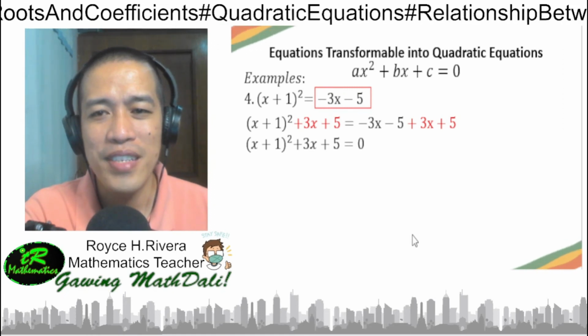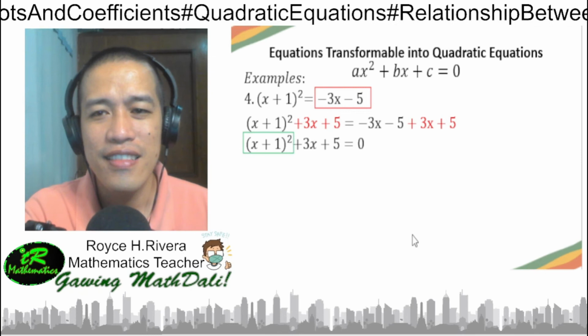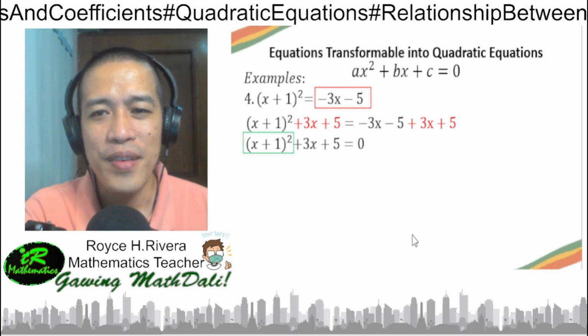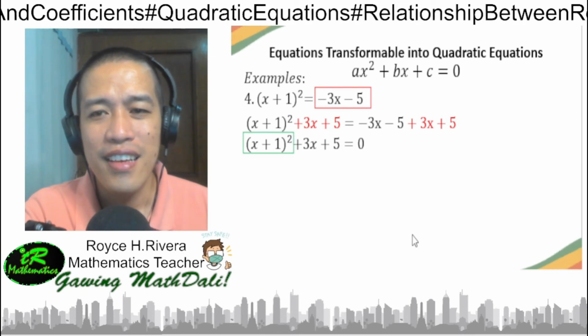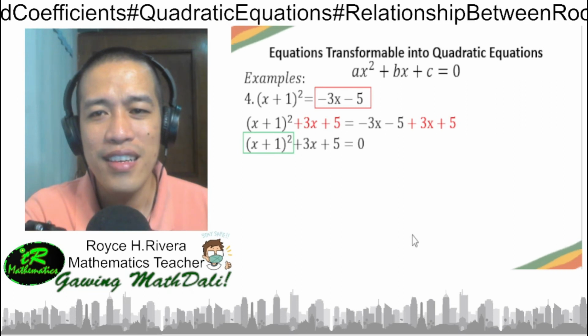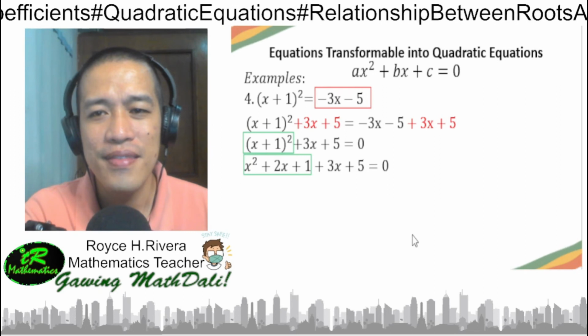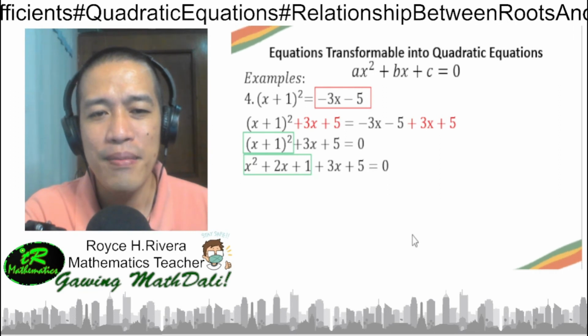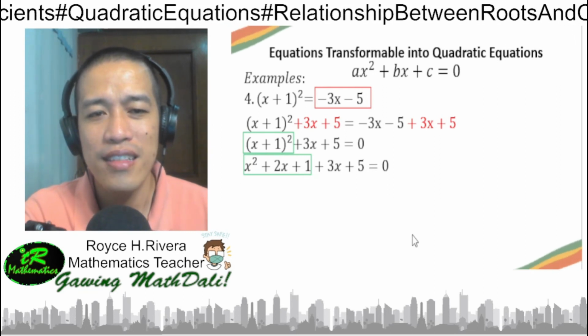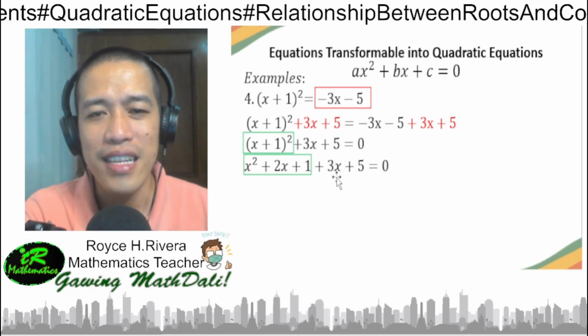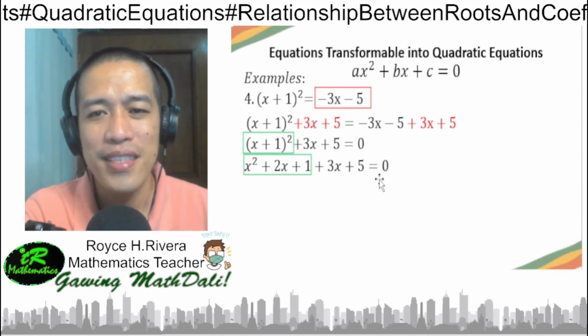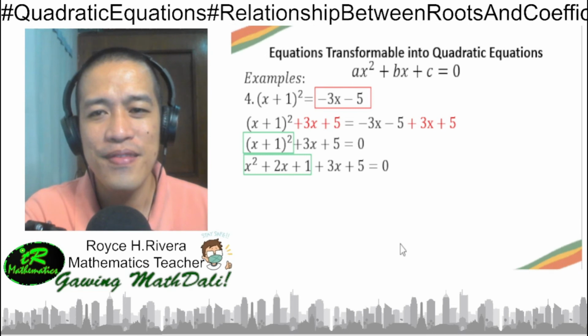Now let us proceed. I will expand x plus 1 raised to 2. So the result will be x squared plus 2x plus 1 plus 3x plus 5 equals 0.